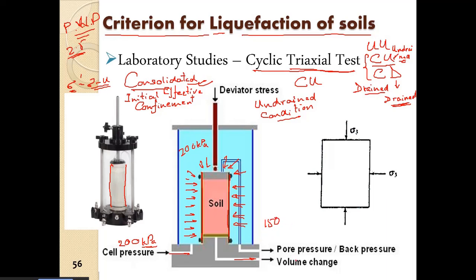Then we allowed some volume change, some drainage from the sample, and the pore pressure came down to 100 kPa. So the effective confinement in the soil is 200 kPa minus 100 kPa, which is equal to 100 kPa. That is the effective confinement in the soil.